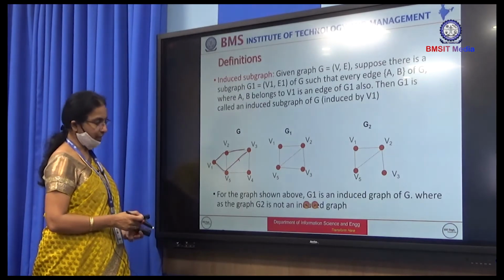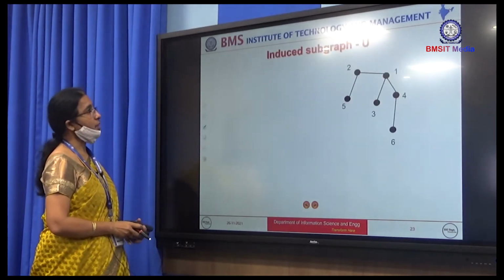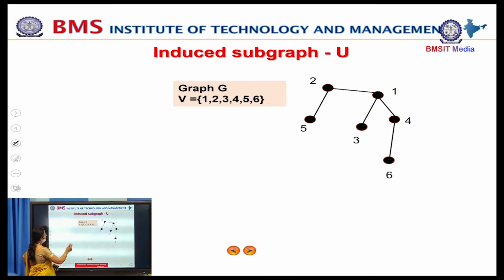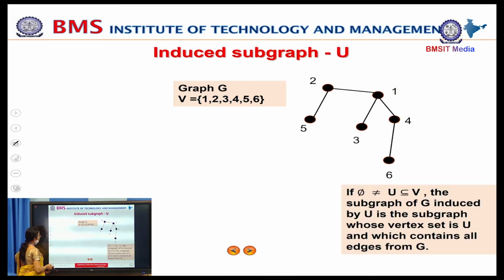Let us see one more example here. So here I have considered a graph with V equal to 6 vertices. Now, as we have seen in the previous slide, the null vertex will not be part of an induced graph.